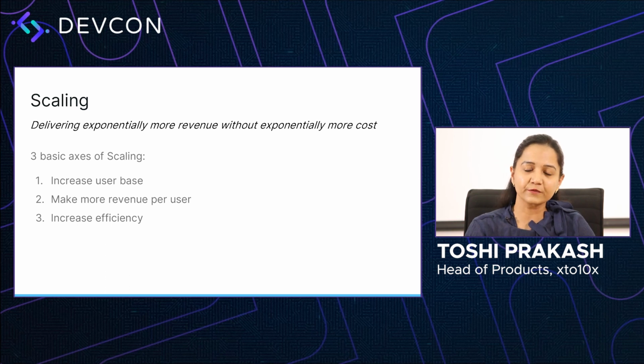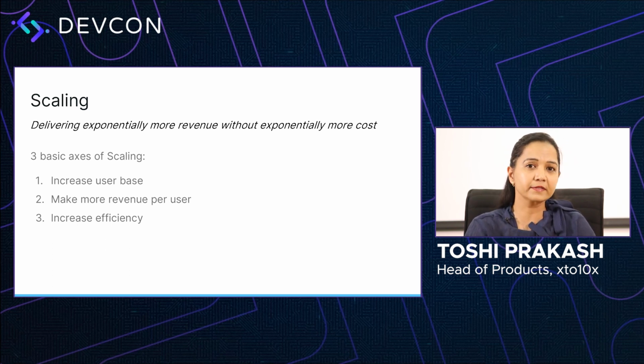The basic axes of scaling thereby are how do you increase your user base, how do you get more revenue per user, or how you cut down your cost and increase your efficiencies. When you are increasing your user base, you want to bring more visitors to the product. When you are increasing your revenue, you want to have a larger cart value.